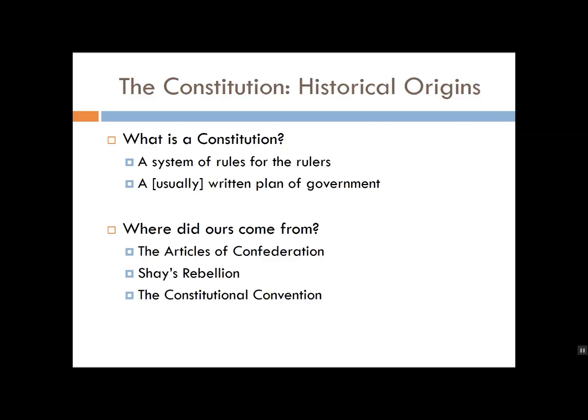In this case, the common goal of the 13 former colonies was national independence from Britain. But because of this, the Articles of Confederation basically created a government which had enough power to organize a war against Britain, and that's about it.